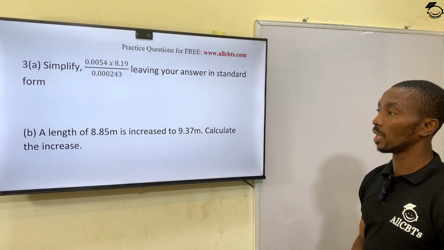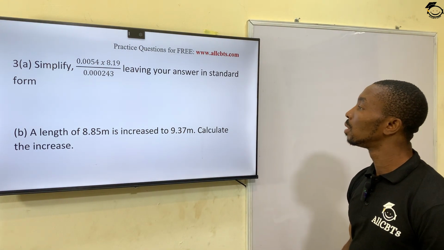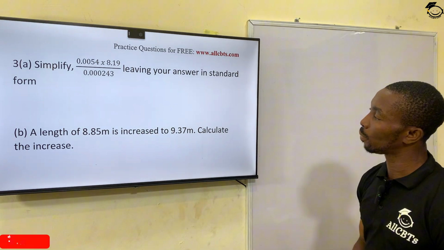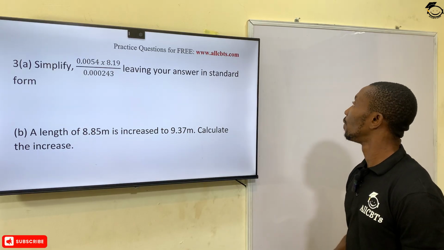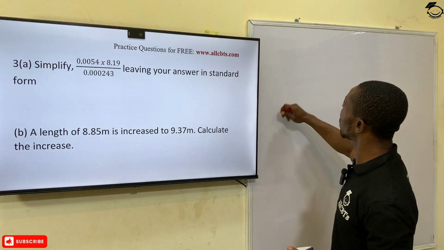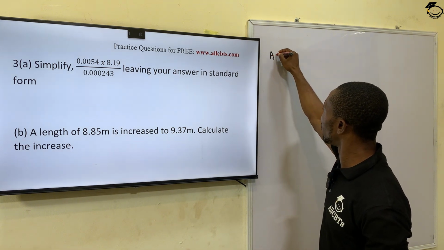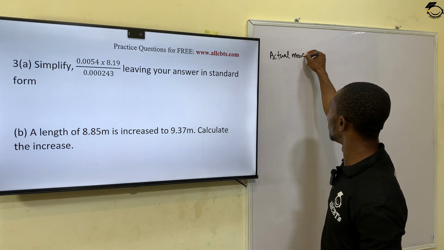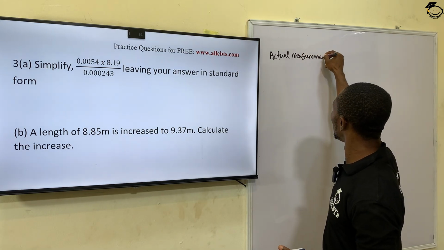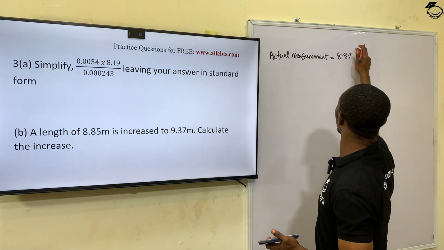Our next question says, a length of 8.85 meters is increased to 9.37 meters. Calculate the percentage increase. Now, our actual measurement is 8.85 meters.